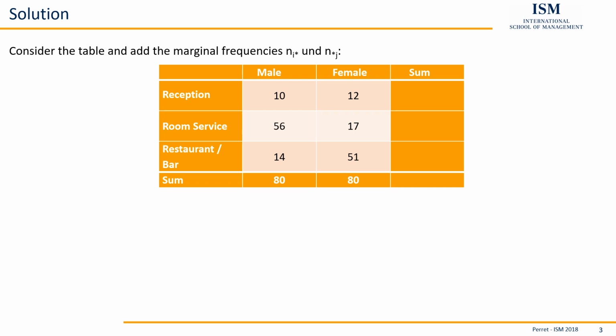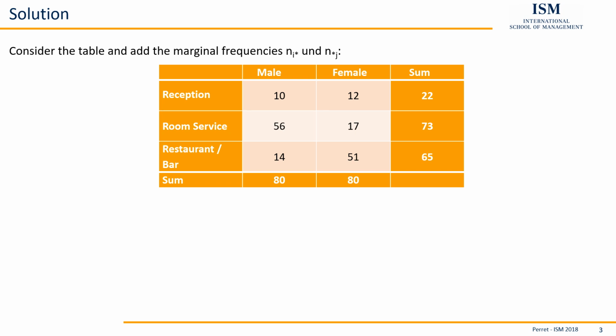If we do the same for female, we will get 80 participants as well. And then we can do the same thing for each of the units. So 22 mentioned the reception, 73 mentioned the room service, and 65 mentioned the restaurant or the bar.